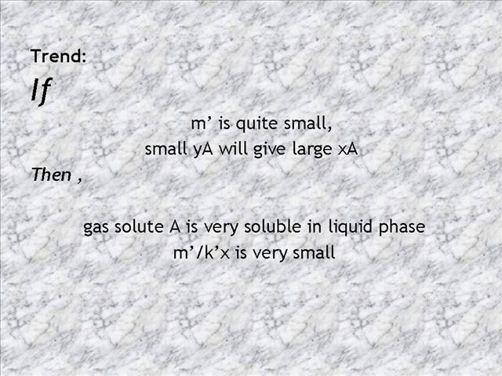Having the trends, if the slope is quite small and there is a small YA or mass of A in the liquid phase, which will give a large amount of A in the gas phase, then the gas solute A is very soluble in liquid phase, having M prime over k prime X very small.